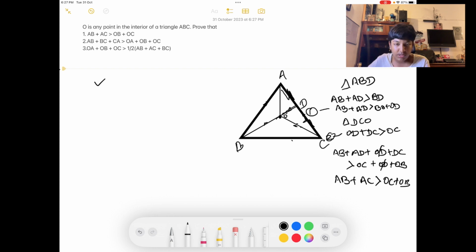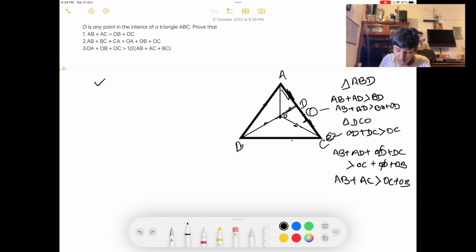So we just have to show that on the left hand side BC is being added, and on the right hand side we are adding OA, right? So to prove this, it is much simpler than you actually think.